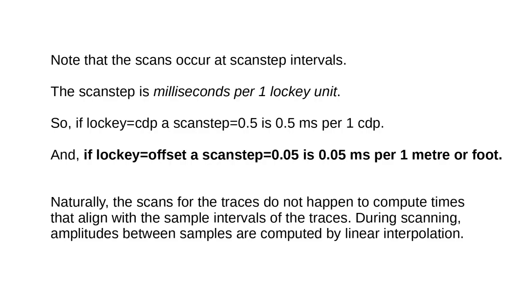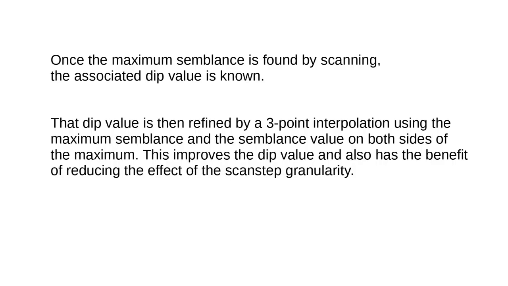Note that scan min, scan max, and scan step must be specified in units of the location key. Generally, therefore, if the loc key is offset, the scan value should be about 10 or 20 times smaller than if the loc key is CDP. Once the maximum semblance value is found, the associated dip is known.